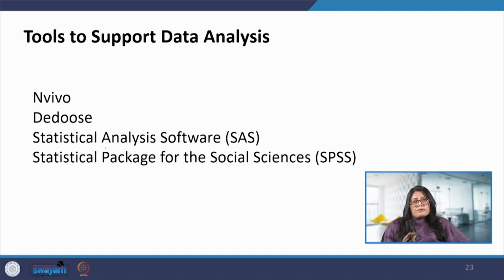Usually a simple spreadsheet application can be effective, but there are other more sophisticated tools available to us. They can support the organization in coding, in manipulation of the data, and in performing certain statistical tests. So, there are several tools available to support the researcher with data analysis.